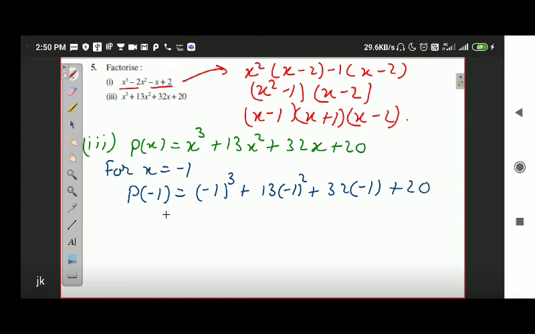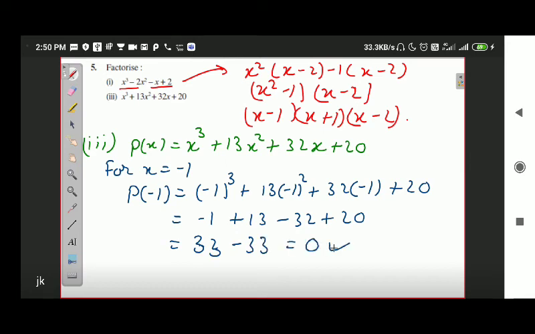So this will be minus 1 plus 13 minus 32 plus 20, and finally you will have 33 minus 33, that is going to be 0. So for the value of x equal to minus 1, the value of polynomial px is 0. That means x plus 1 is a factor of px.